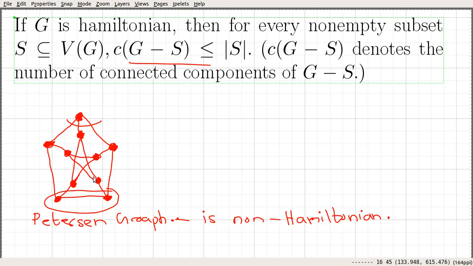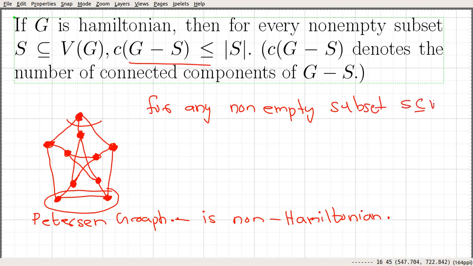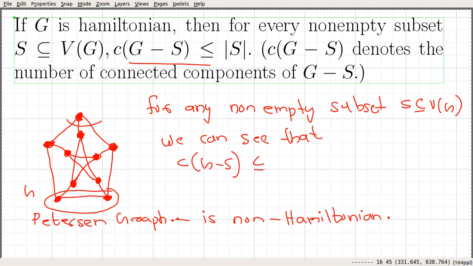By the symmetry, and similarly if you take 3 vertices, the same kind of situation holds. So for any non-empty subset S of the vertex set of this graph G, the Petersen graph, we can see that this condition is always satisfied: the number of connected components is always less than or equal to the size of S. It is very easy to verify for this graph.